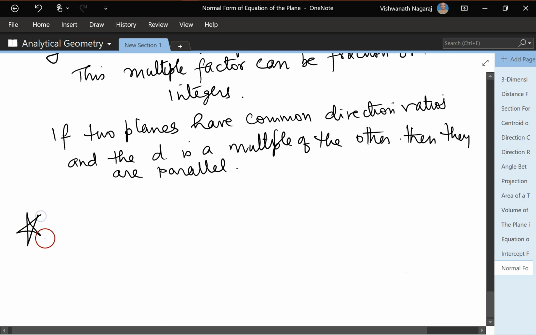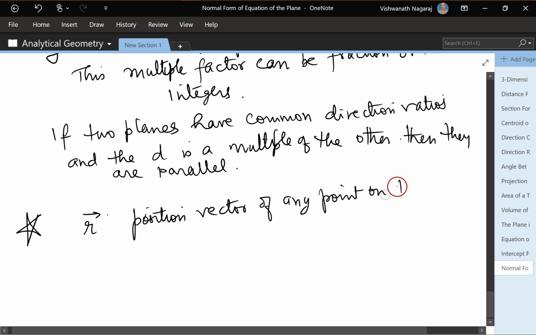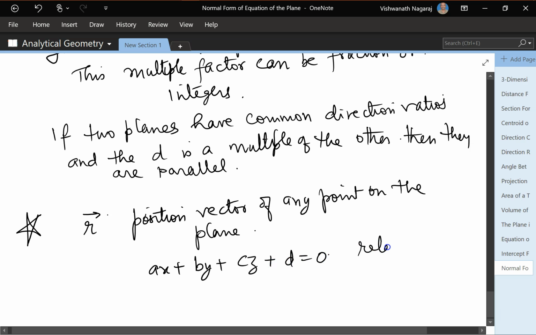And finally, let's say this is the position vector r of any point on the plane ax plus by plus cz plus d equal to 0 relative to the origin.